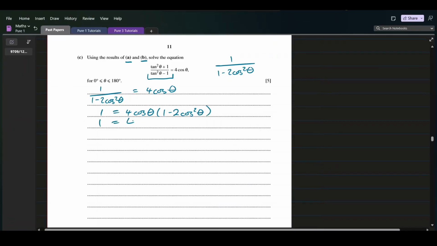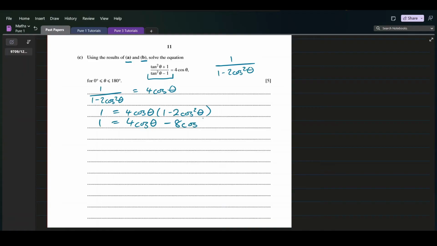That's 4 cos theta minus 8 cos cubed theta. Let's put all the terms on one side. We get 8 cos cubed theta minus 4 cos theta plus 1 is equal to 0.